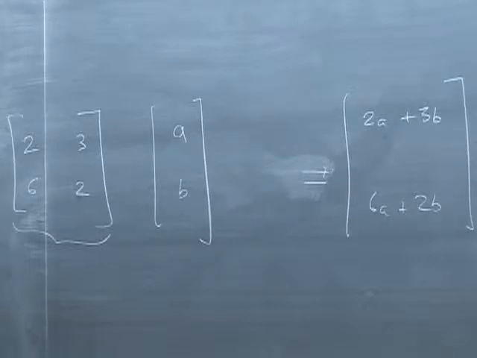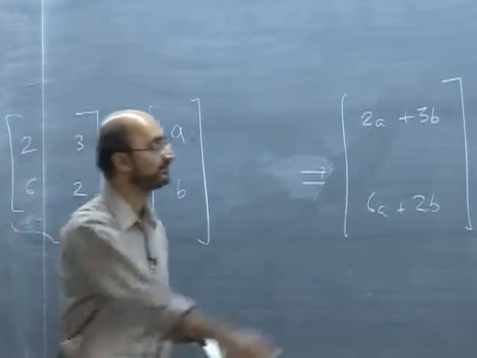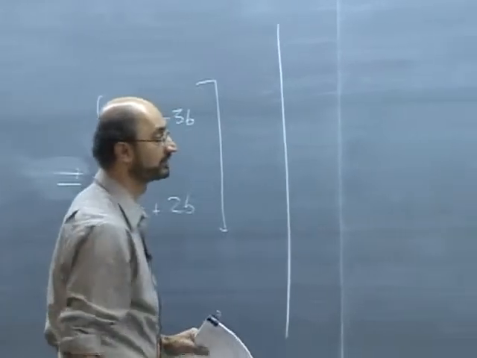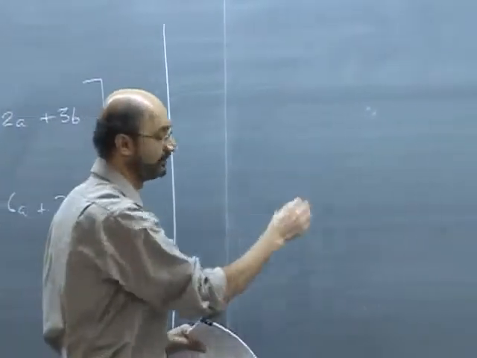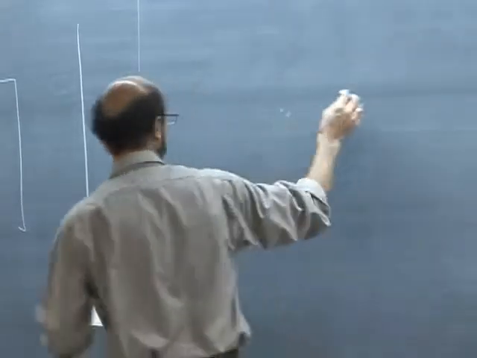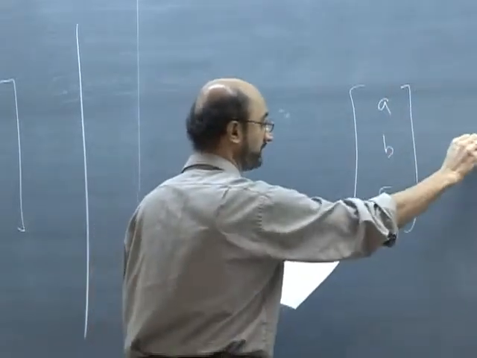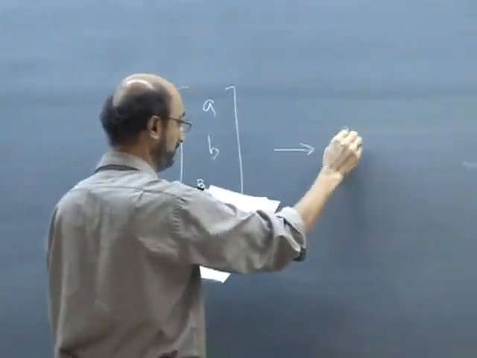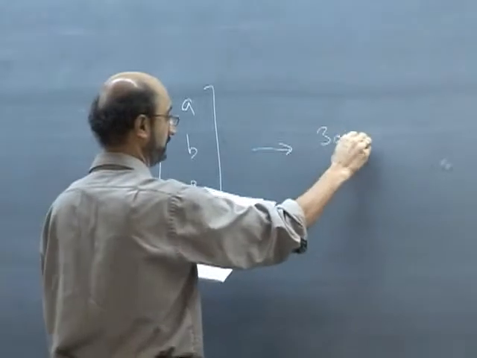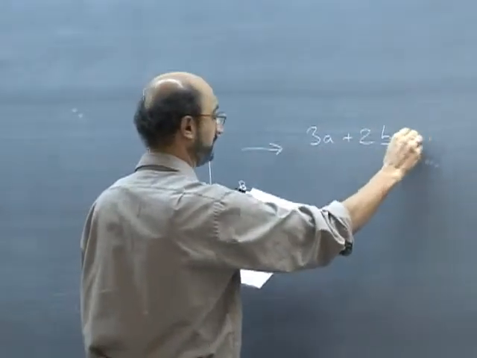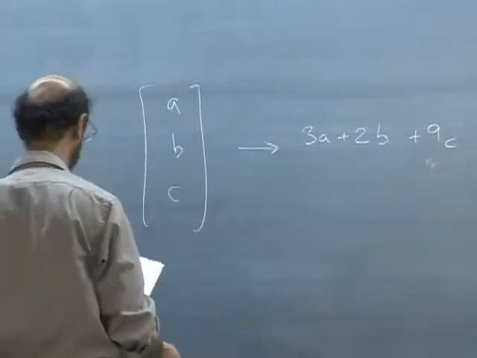Okay, so just to give you a sense of this, that's why I had those two homework questions. So the first homework question was saying, what was it saying? How do you get from A, B, C to the vector, I think, 3A plus 2B plus 9C, or something like that.